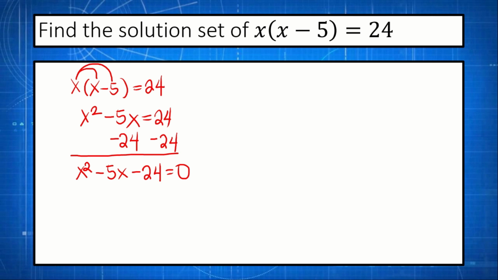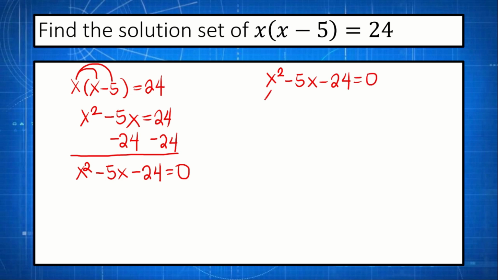After this, we're going to find the roots of the quadratic equation using any of the methods of solving quadratic equations. So in this case, I will use factoring. Okay, so we have x squared minus 5x minus 24 is equal to 0.